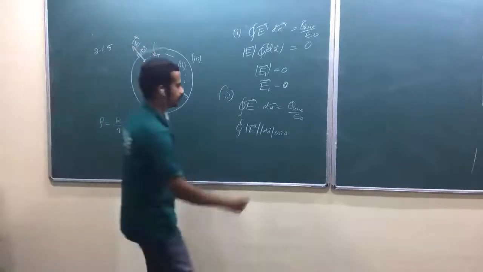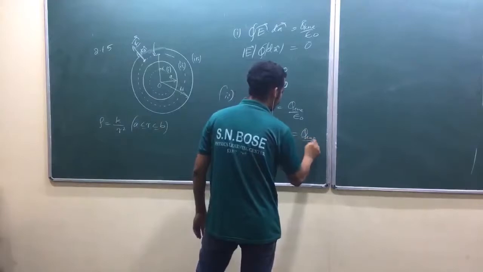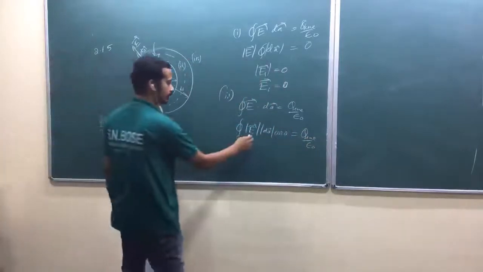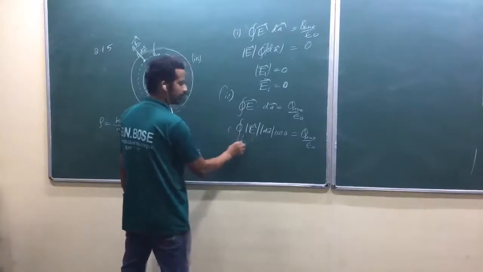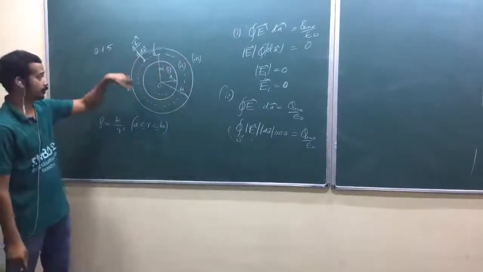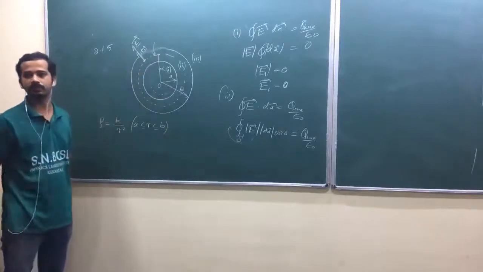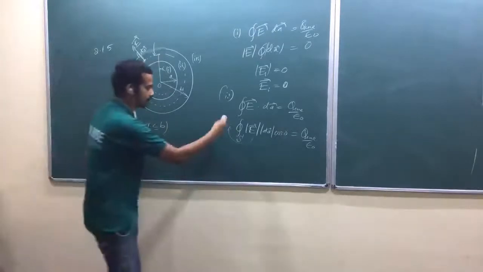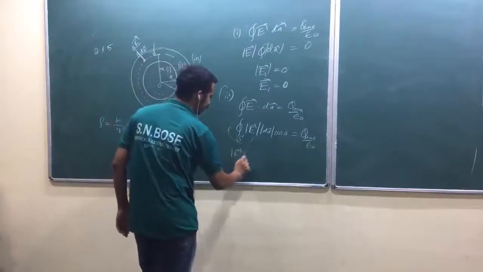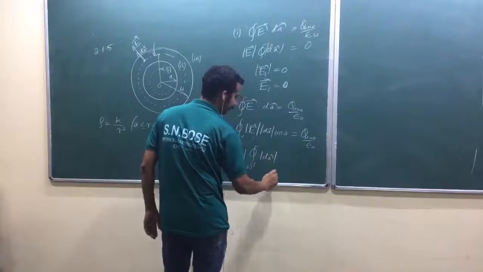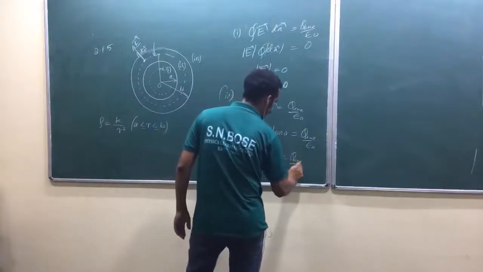This is equal to Q enclosed by epsilon naught. We shall see what Q enclosed is. The electric field is the same throughout the surface because of spherical symmetry. So when you move over the surface, the magnitude should not change. You can take E outside the integral of mod dA, which is equal to Q enclosed by epsilon naught.